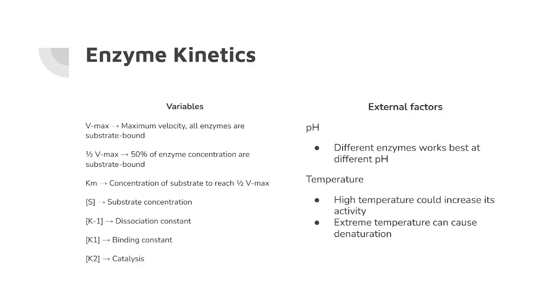While high temperature could increase an enzyme's activity, which means this process can finish a lot faster than if it were conducted at normal temperature, extreme temperature, especially really extremely high temperature, can cause enzyme denaturation. This is where these enzymes will be unfolded and lose their function.